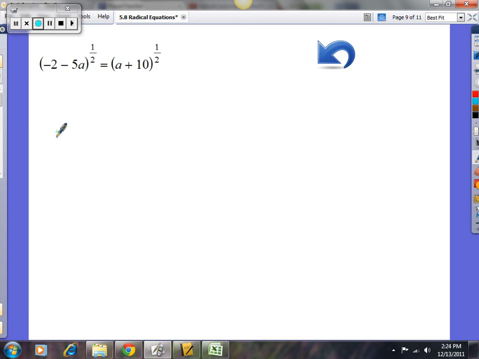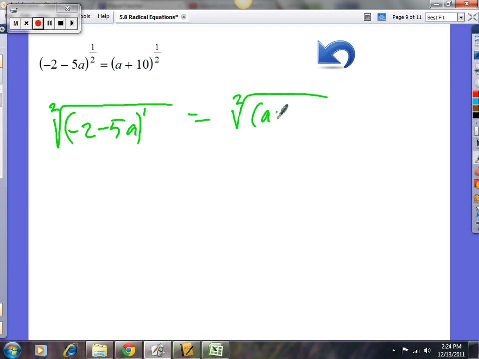If we look at it in radical form, that 2 is your index and that 1 is going to be the, so they're basically square roots. Anything to the 1/2 is the same thing as the square root. So you square them. And a plus 10 to the 1/2 is the same thing as the square root of a plus 10.